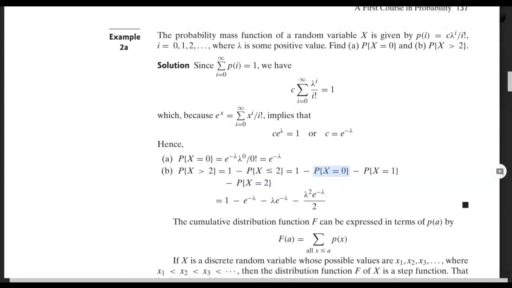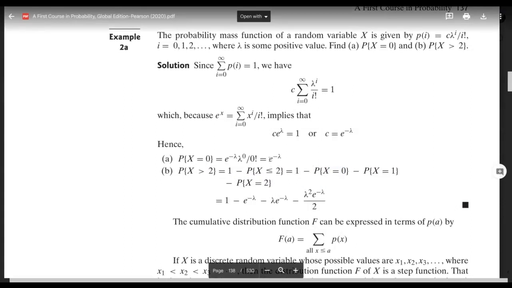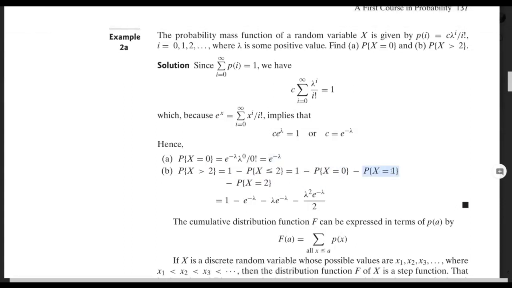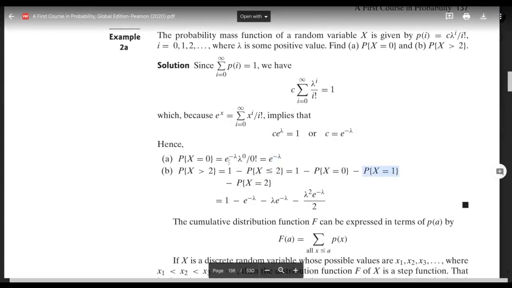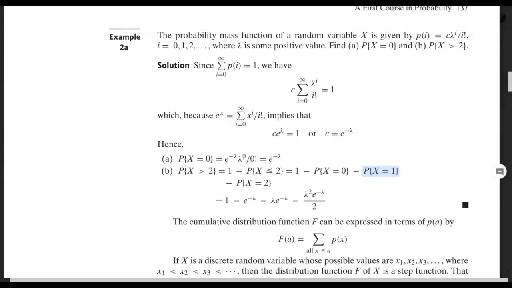Right? For each one we can calculate. For 0, we already have e to the negative lambda. For 1, we just substitute it in, we get e to the negative lambda times lambda divided by 1, which is just e to the negative lambda multiplied by lambda. When x equals 2, we substitute this, we get lambda raised to 2 divided by 2 factorial, multiplied by e to the negative lambda.